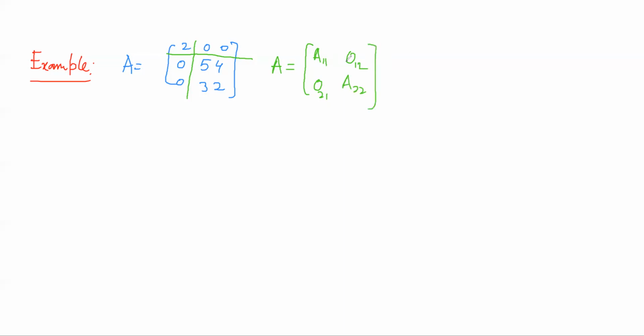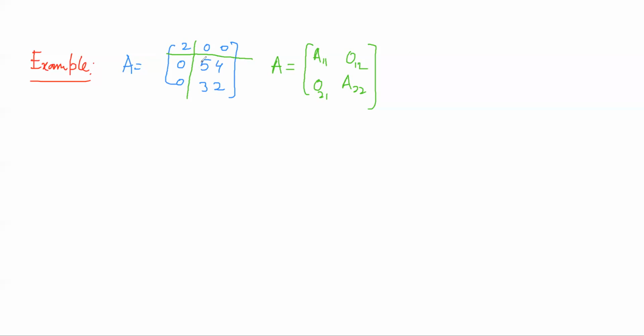The zeros will remain as they are in the inverse, so 0, 0 will remain 0, 0. And this is a single component matrix, so its inverse is simple. For example, the inverse of 2 is 1 over 2.